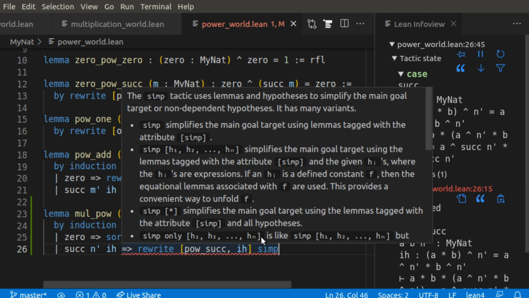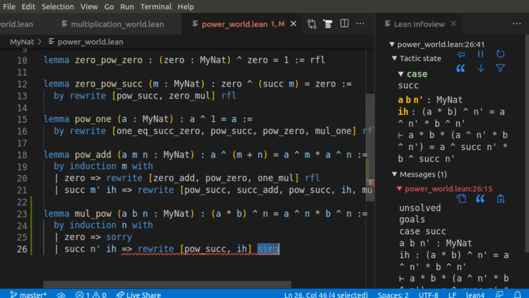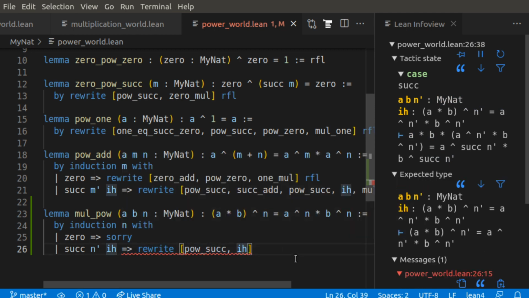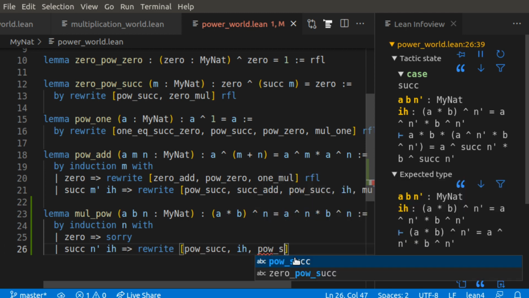Maybe you can do the simplification thing, but I think we want to get everything in terms of parentheses. So let's apply power successor a few more times.